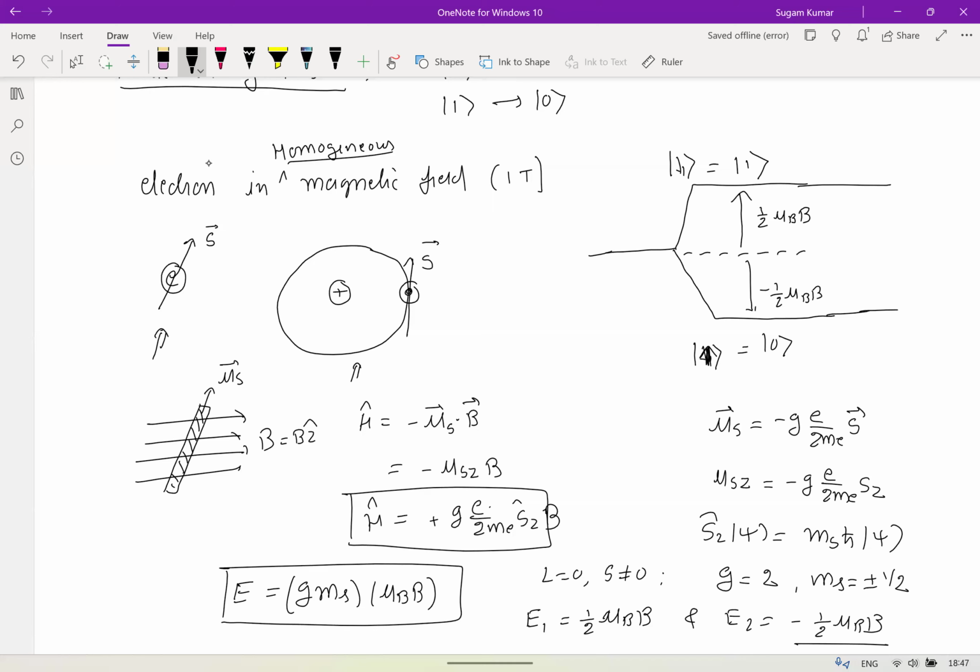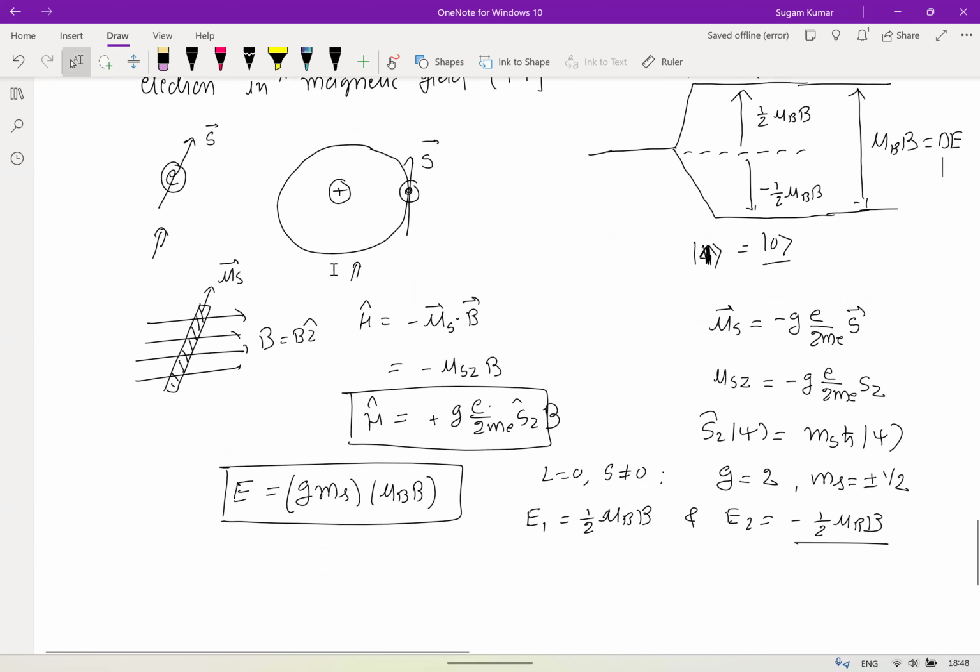One is a high energy state, the other is a low energy state, corresponding to the two spin states, 0 and 1. And the separation here you can see is going to be mu_B into B. That is the delta E. So that is the one task here: I'm trying to explain how in the laboratory we are going to produce, for example, these X gates.